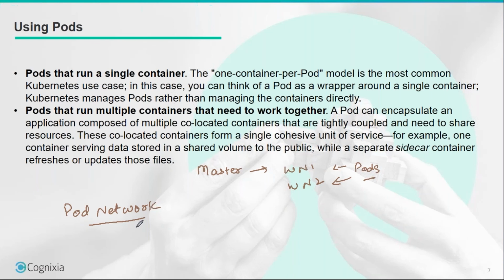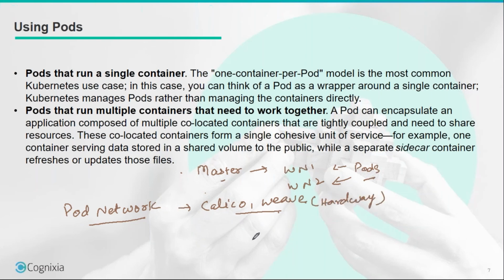So there are some plugins which we can use to create the Kubernetes pod network in the cluster. We are going to use Calico in our course. Also, we will use the Weave pod network.